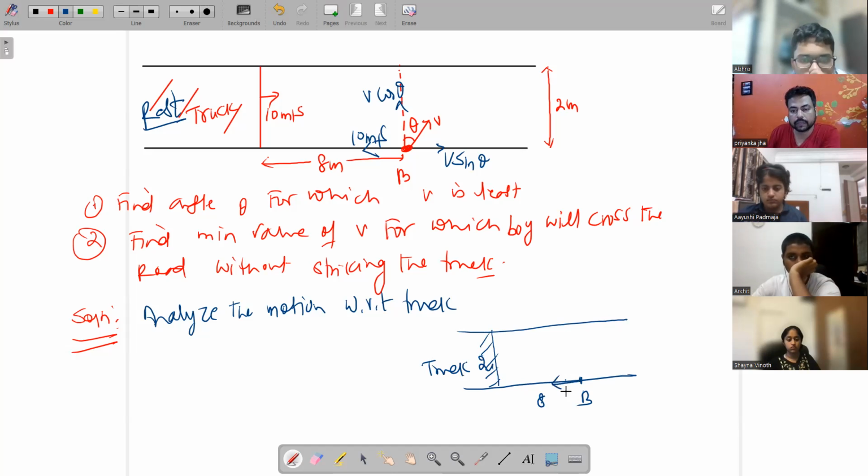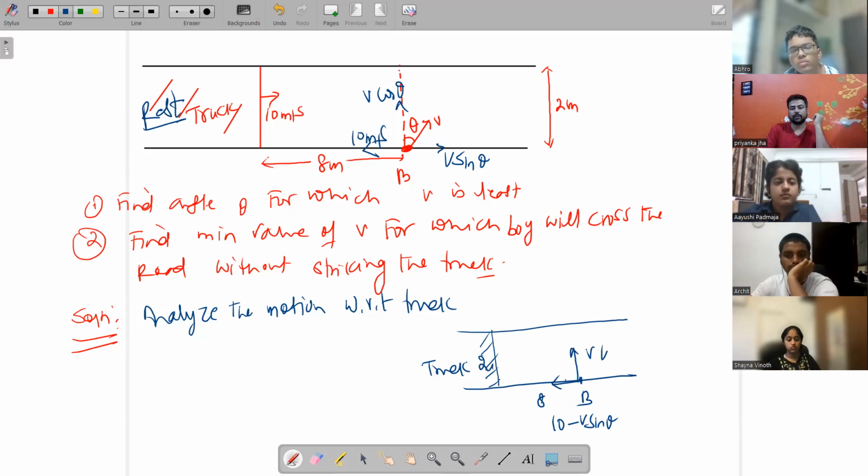So the net velocity will be 10 minus V sin theta, because the boy does not have to strike the truck. So this is the net velocity in the opposite direction because truck is at rest, and this is the velocity V cos theta in the perpendicular direction.